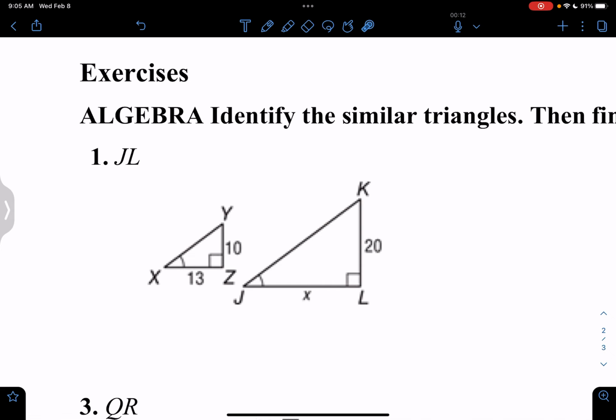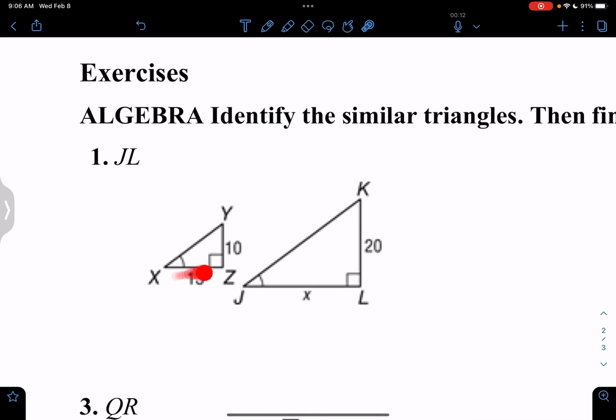So to do this, I just want you to not stress yourself. Try to make it as easy as possible. Look at what you have. You have one marking, the right angle, and the no marking.